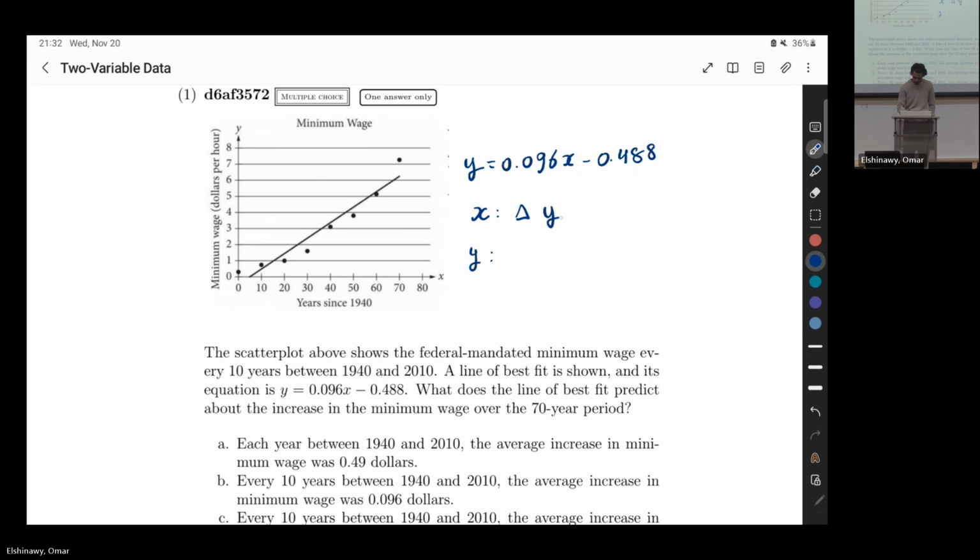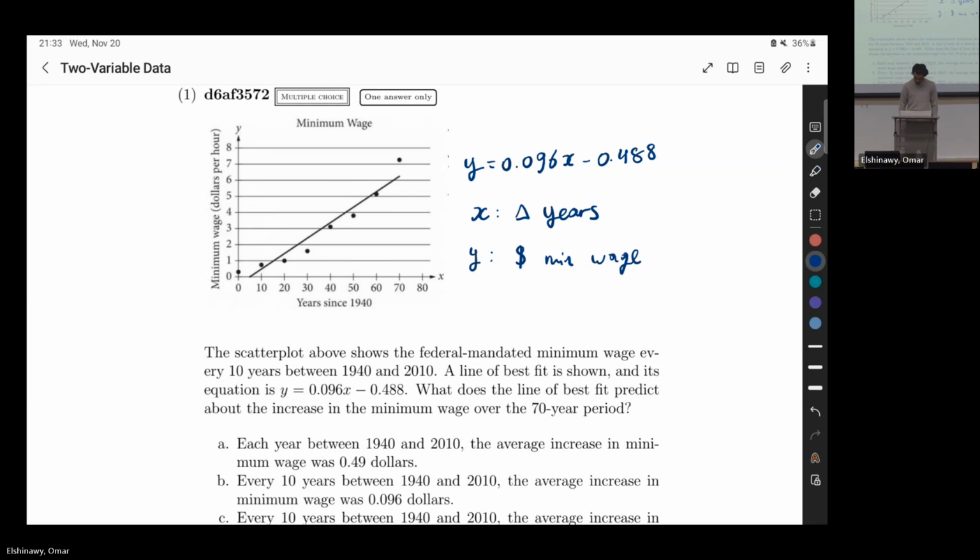Yeah. Okay, and what does the y variable represent? Minimum wage. Minimum wage in dollars. Okay. So you give it a number of years since 1940, let's say 10 years have passed. Then you have minimum wage, which is roughly $1, less than $1, for example.